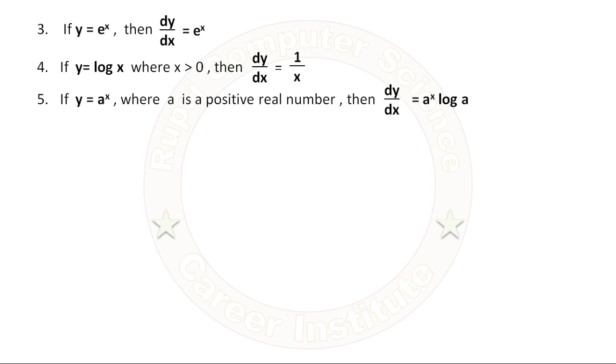Now we solve some examples. For example, 1: y is equal to x raised to 3. To solve derivatives, you have to write the statement: differentiate with respect to x.